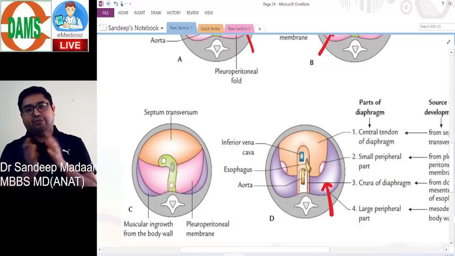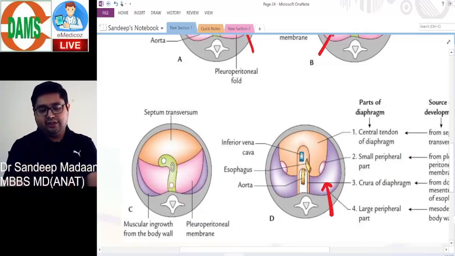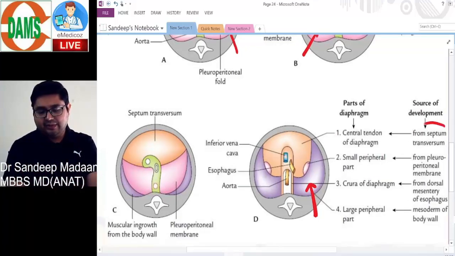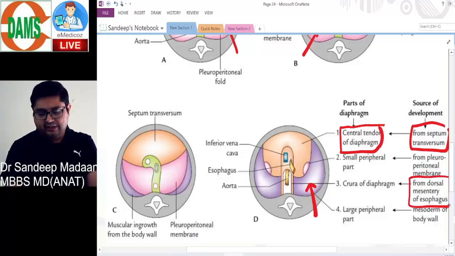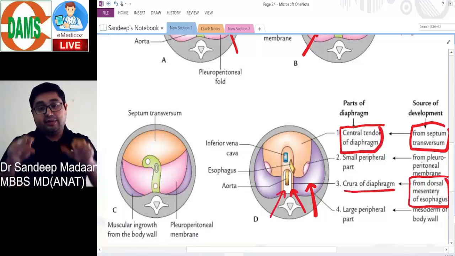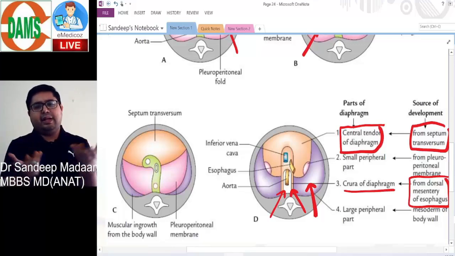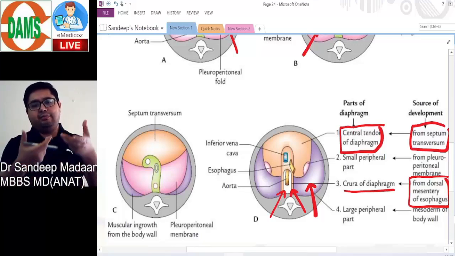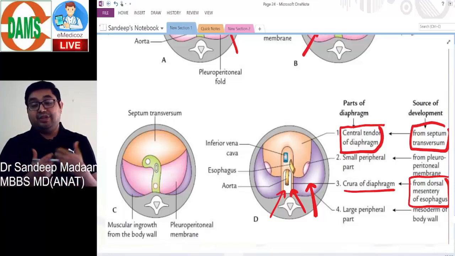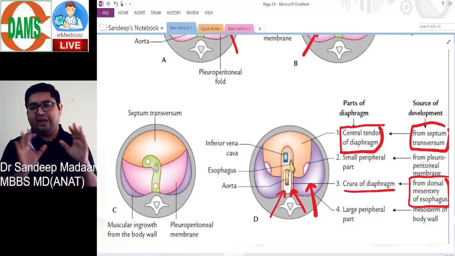So eventually, the septum transversum will make the central tendon of the diaphragm. The dorsal mesentery of the esophagus is now making the crura. These are the crura. What about the peripheral part? We know the membrane is making a little contribution. Mainly it is the muscular part. Which muscle? Cervical myotomes. I hope that part is clear.